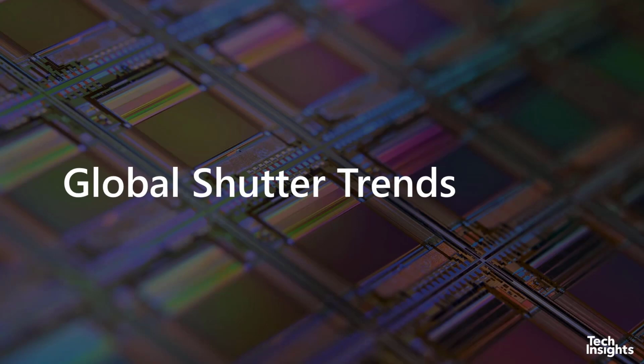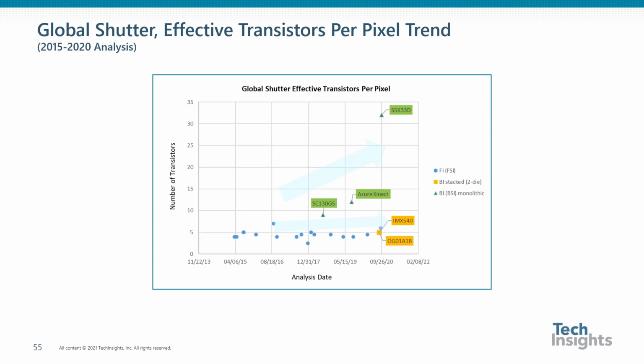And now let's look at global shutter trends. Here we show effective transistors per pixel. So as we can see in this graph, there has been a continuation of the number of effective transistors per pixel, and this is shown at the bottom of the graph over here, highlighting the recent analysis on the IMX540 and the OmniVision A1B.